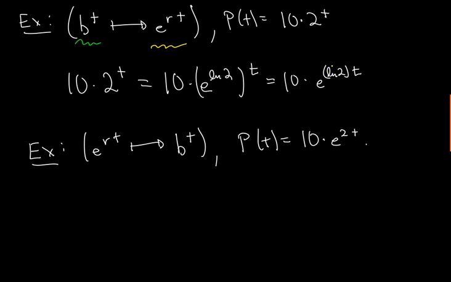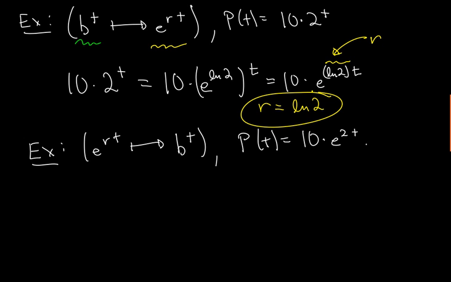And so what is the r? It's just ln 2. In other words, if you have an exponential function b to the t, then the relative rate of change for that function is just ln of the base. In this case, it's ln 2.